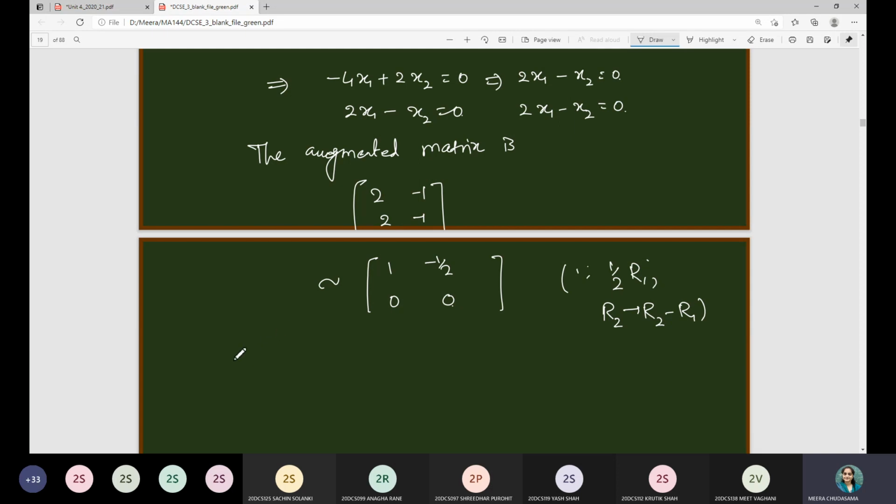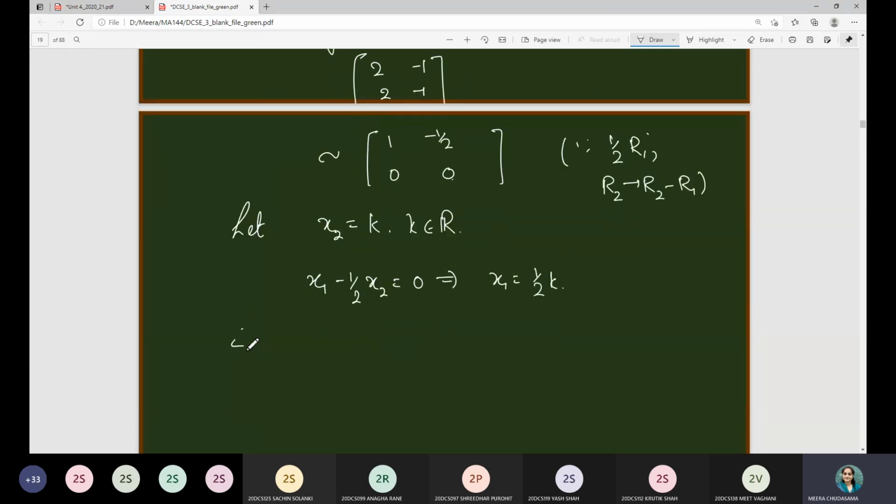Now we have to assume for the back substitution x2 as k, where k is any real number. So when x2 = k, x1 - (1/2)x2 = 0 will give you x1 = (1/2)k. Therefore capital X, which is [x1; x2], is nothing but [(1/2)k; k], that is equal to k[1/2; 1].